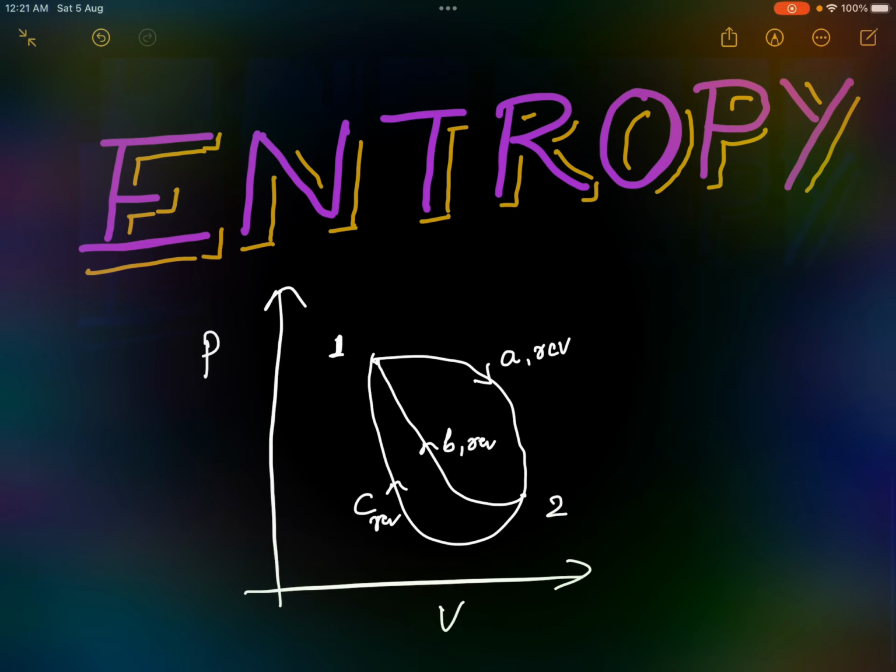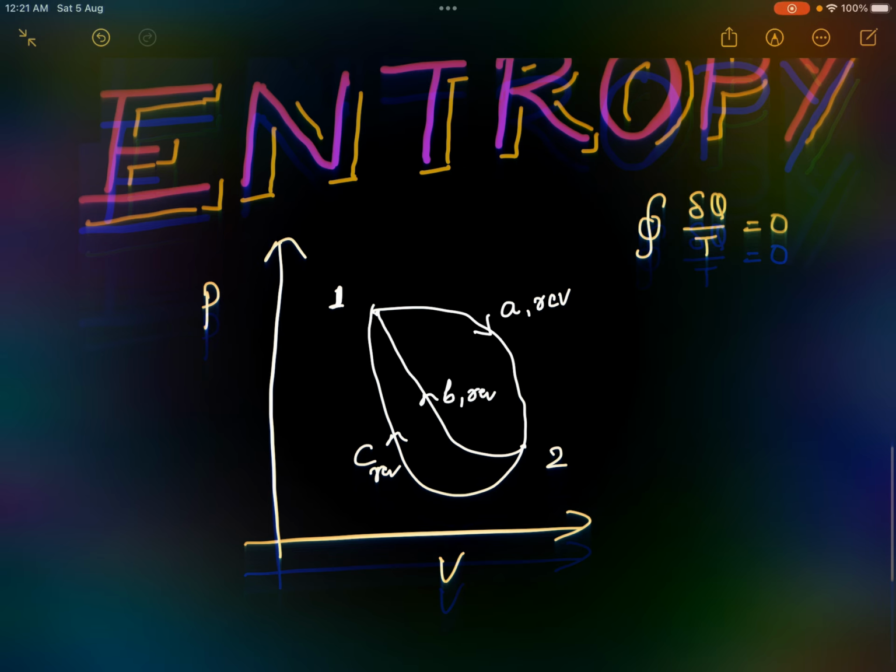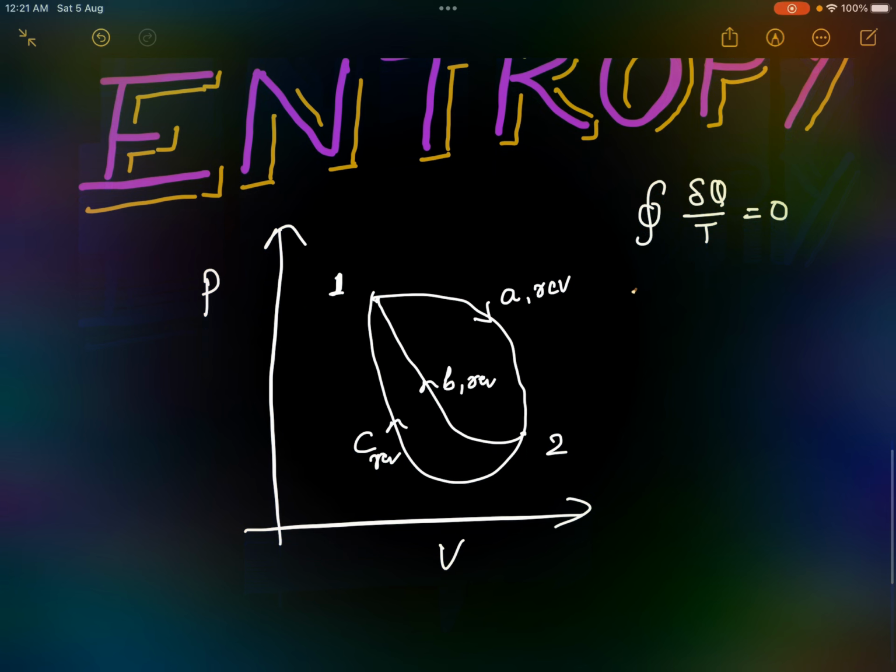Now if I want to apply the Clausius theorem, then I can say that the closed integral of del q upon T for this whole cycle is equal to 0, because the process is reversible. Now let us take the path 1, A, 2, B, 1.